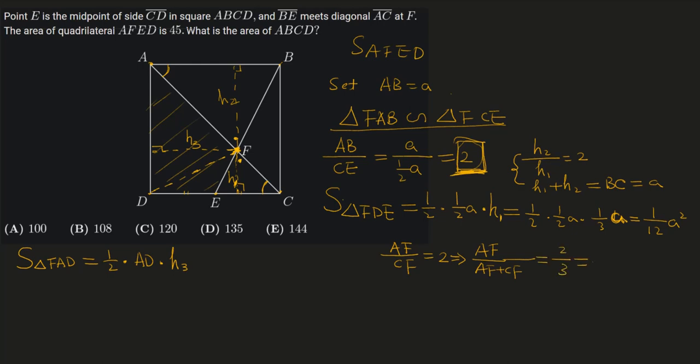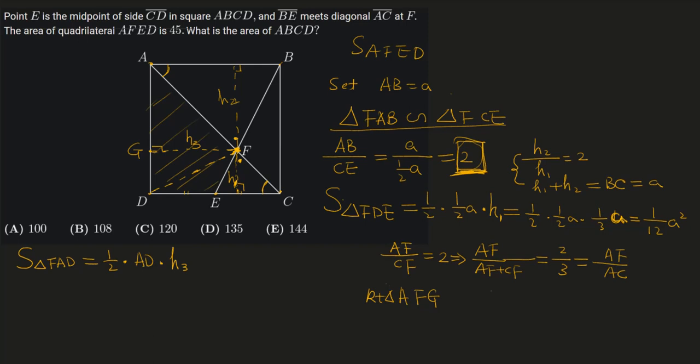And that actually equals AF over AC. Now let's look at these two triangles. Right triangle AFG. So let's call this point G. That's where the perpendicular line FG meets AD.